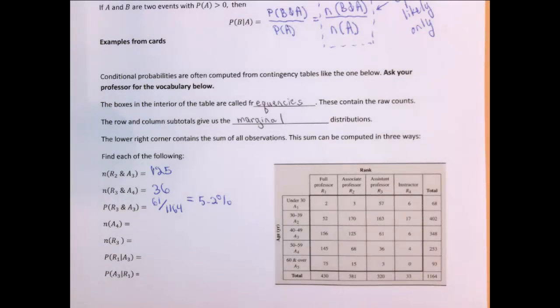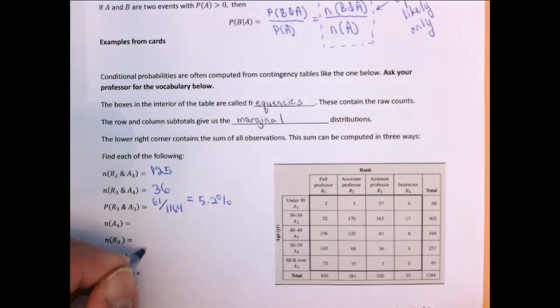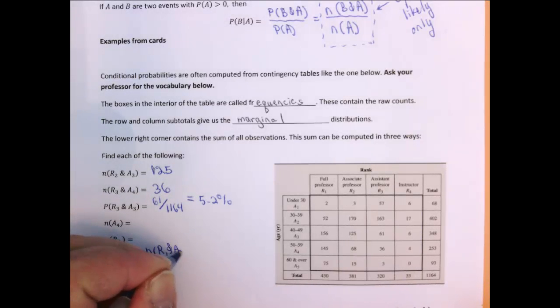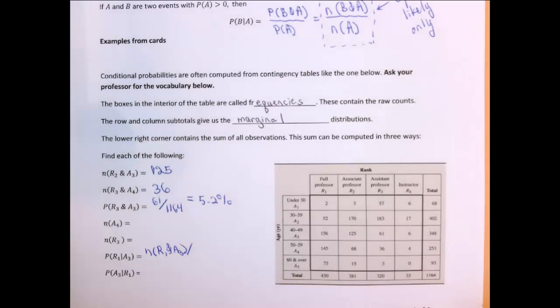Let's look now at some of the conditional probabilities, and I'll leave the rest to you as practice. What's the probability that a randomly selected professor is of rank 1 given that he or she is in age group 3? Well, that means we need to compute the number that are in rank 1 and age group 3 divided by the number that are in age group 3.